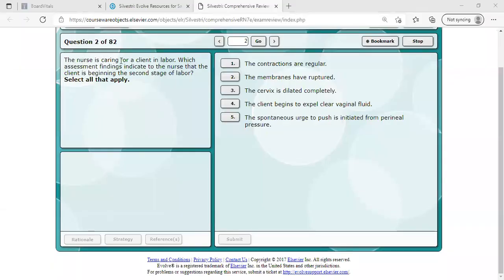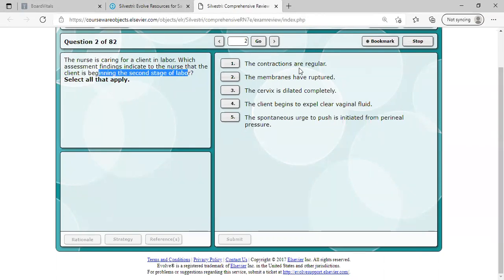The nurse is caring for a client in labor. Which assessment findings indicate to the nurse that the client is beginning the second stage of labor? Select all that apply. So the key point is that beginning the second stage of labor means the ending of the first stage of labor, right?